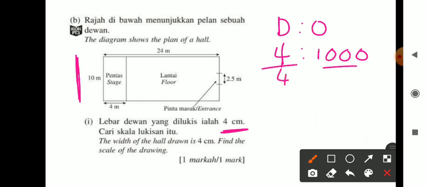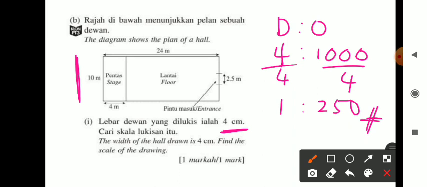Or you change it, bahagi 4. So this is the scale. The scale means when you draw 1 cm on paper, it means 250 cm in reality. 1 cm on paper means 2.5 meter.